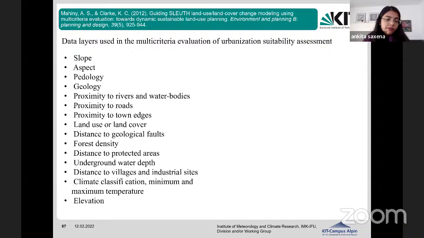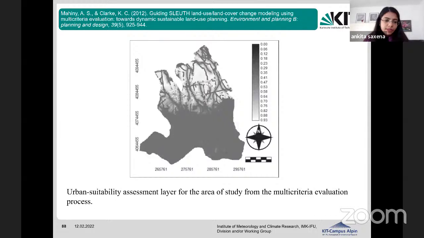And of course it influences urbanization. So on those locations, people may not be interested in constructing infrastructure or urbanization. So that's why these drivers play an important role. So we can always include as many variables as we want, but it depends on what we want to derive from our predictions. So this was the suitability layer based on those variables, and that was a part of urban growth simulations.